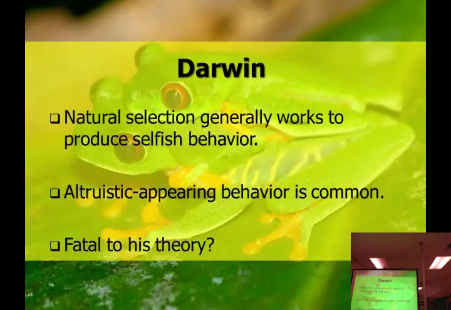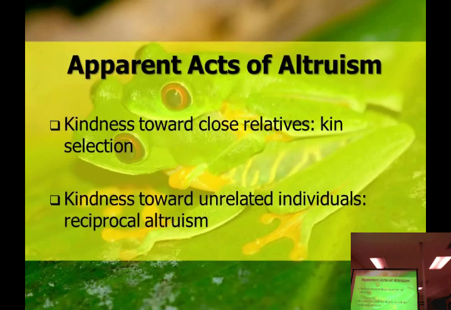And so Darwin predicted this in natural selection. He said that natural selection would generally work to produce selfish behavior, so taking care of your own first, and then your extended family, and then not wanting to take care of strangers. And he said altruistic appearing behavior is common, but it was not fatal to his theory of natural selection.